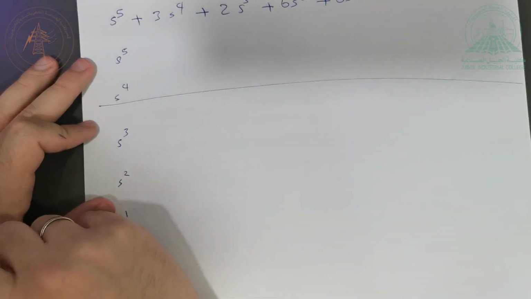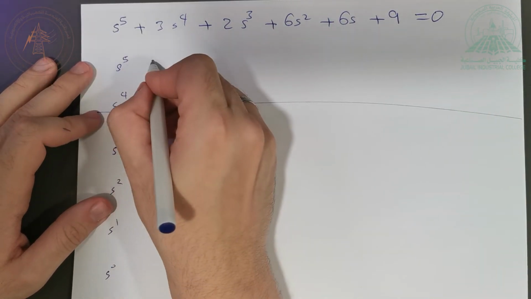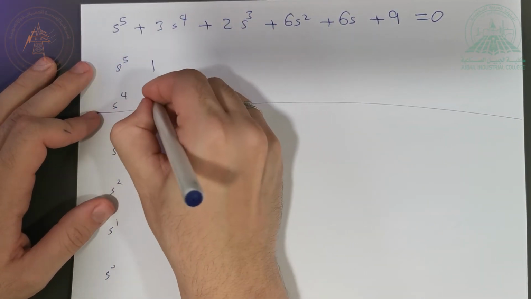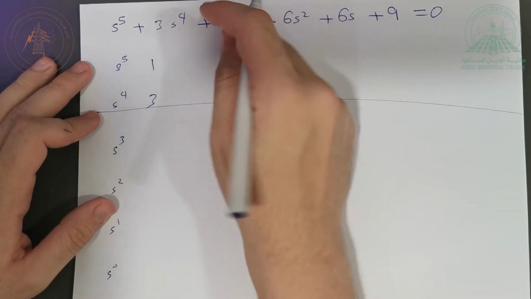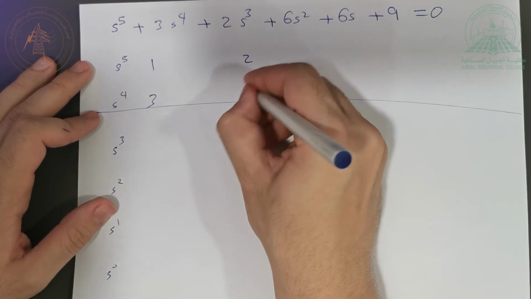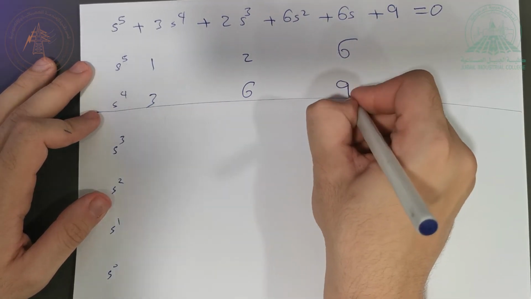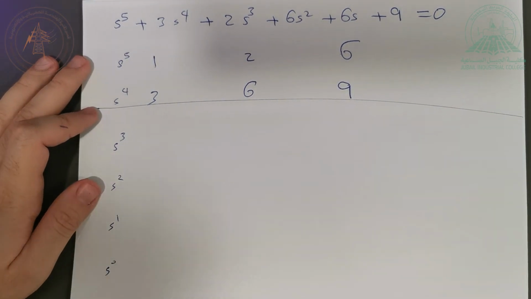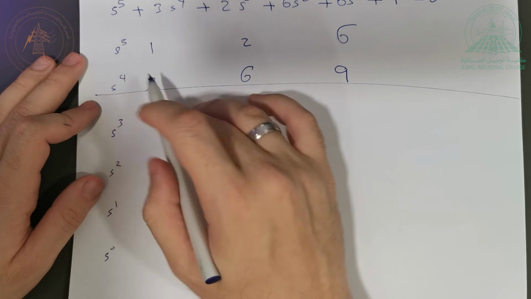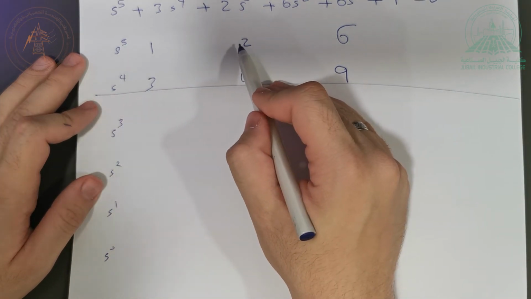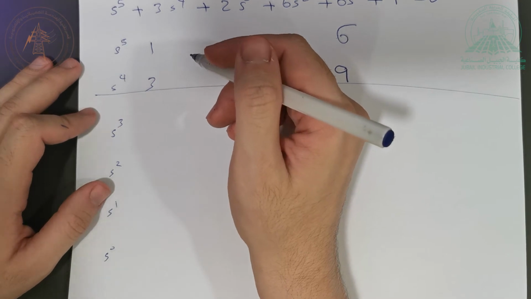I'll put these values here according to the coefficients. So 1, then 3, then let me give myself some space, 2, then 6, then 6, then 9. What should I have here? It should be 3 multiplied by 2, 6. 6 minus 6 is 0.